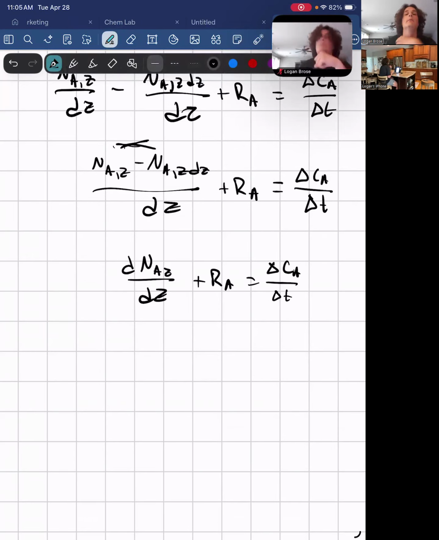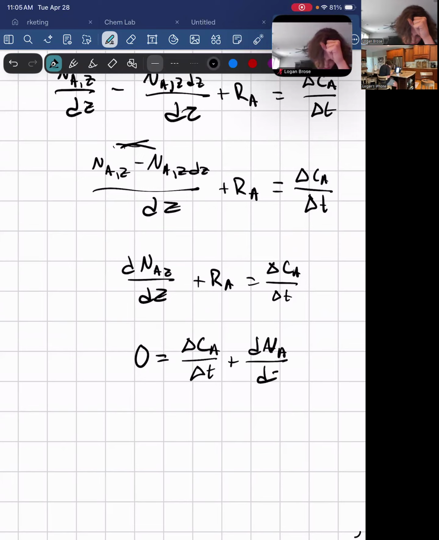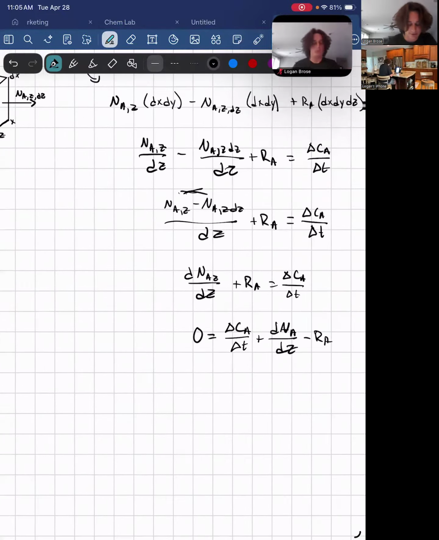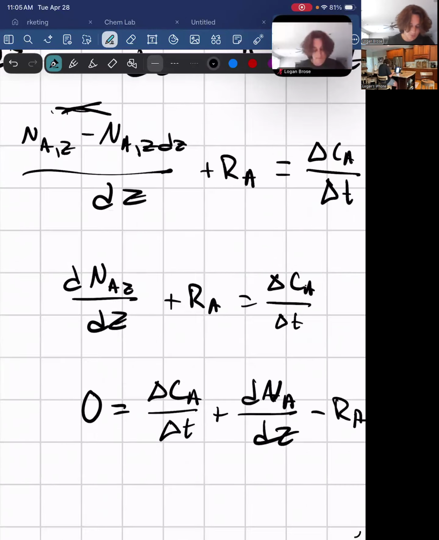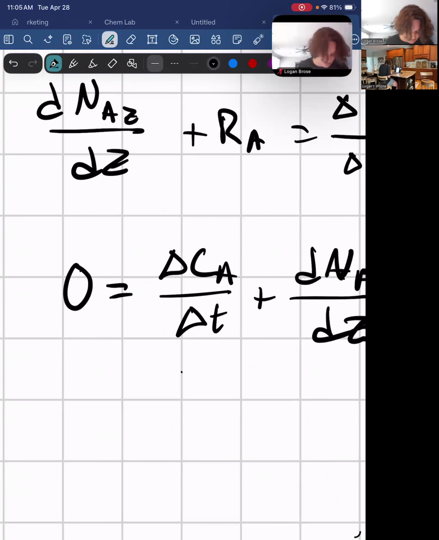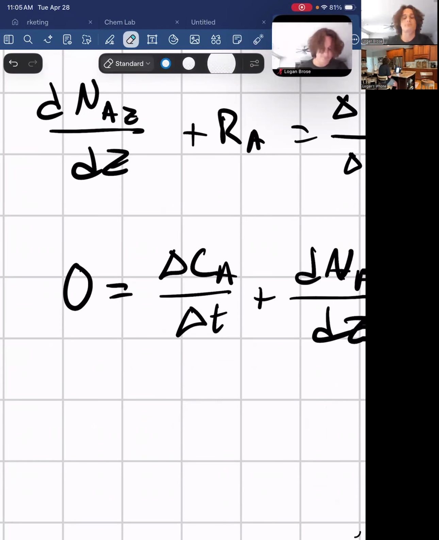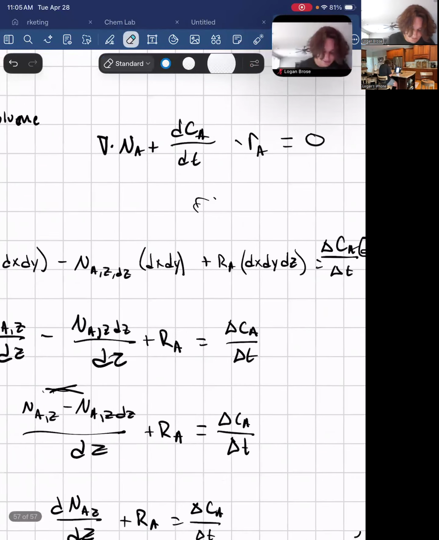So if we move all this over to one side, we get 0 equals our delta CA delta T plus our dNA dz minus RA. And so when we compare it to this equation up here, it's a little bit different. But we know that this delta can just be written as dCA dt, so that is the same as this term up here.